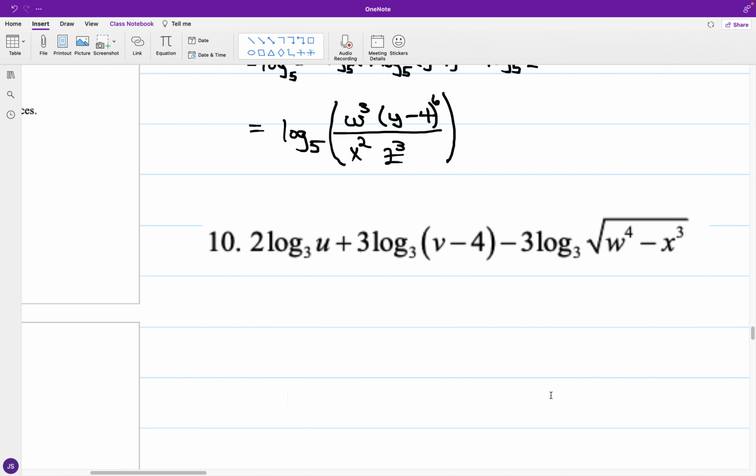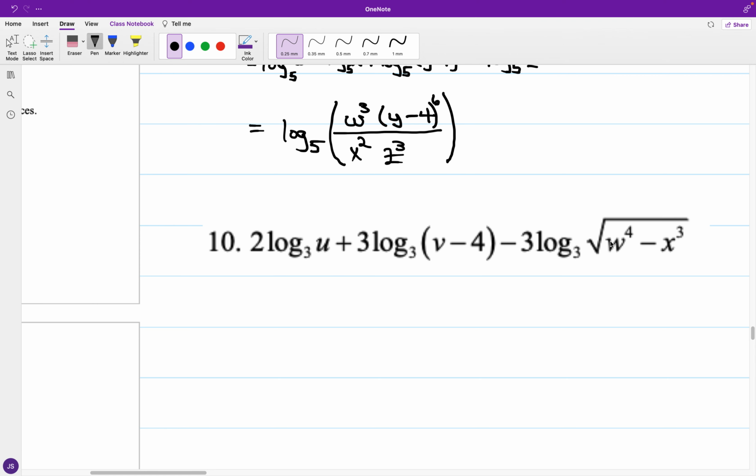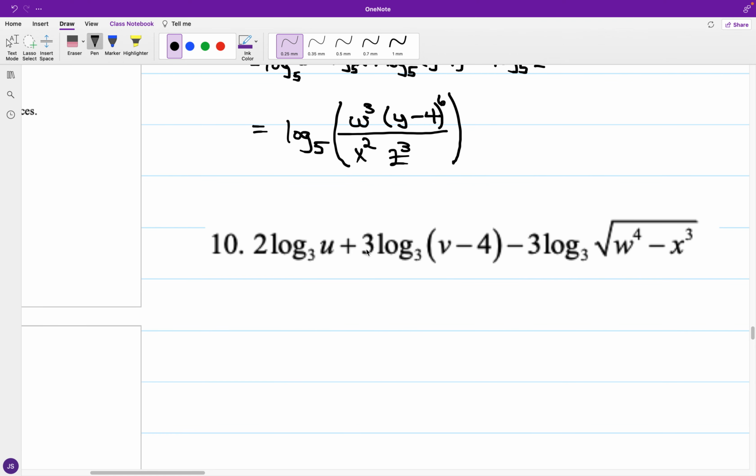So looking at what we have now, rewriting what we have in the square root. The first term, we have 2 times the base 3 logarithm of u, plus 3 times the base 3 logarithm of the quantity of v minus 4.